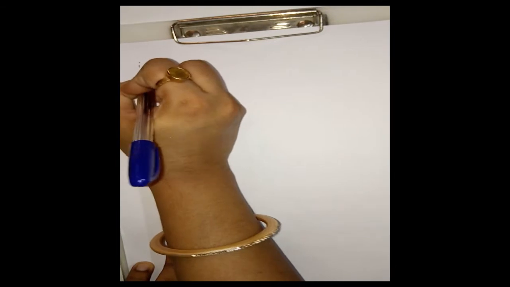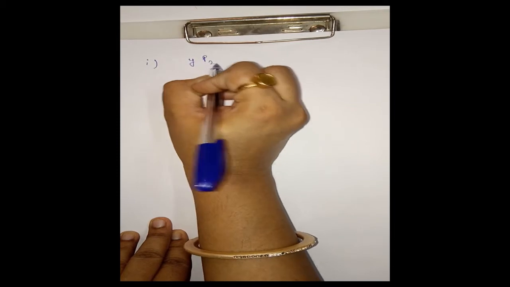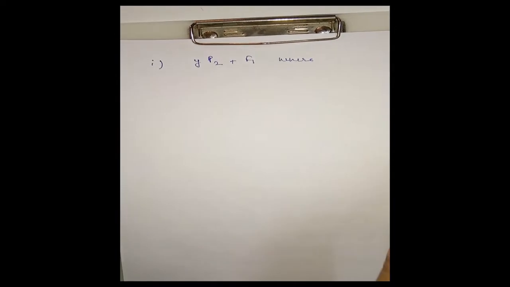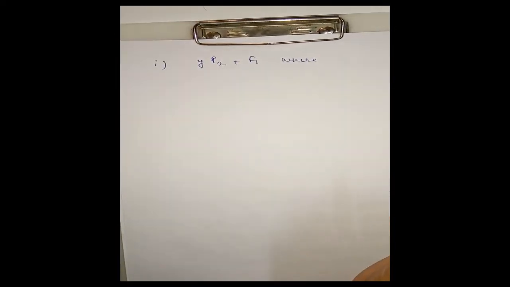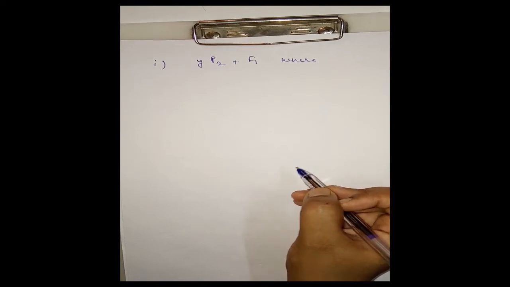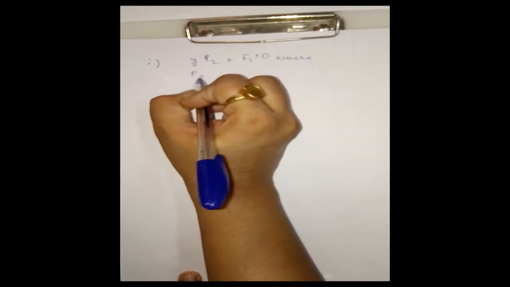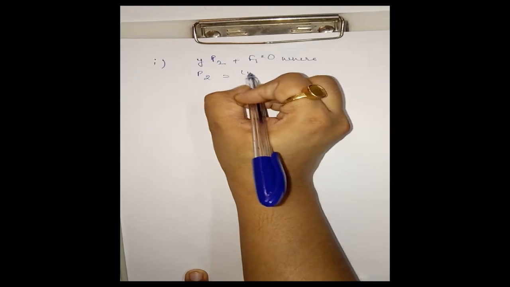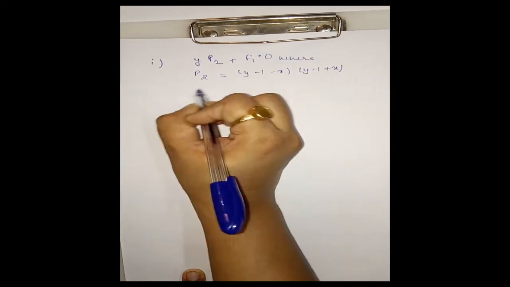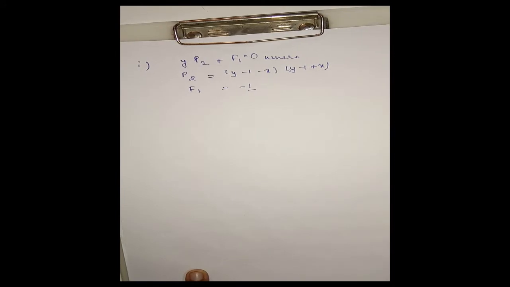For the first form, I take y common. The first form is y P_2 + F_1 = 0, where P_2 = (y - 1 - x)(y - 1 + x) and F_1 is -1, containing terms of degree 1 or less.